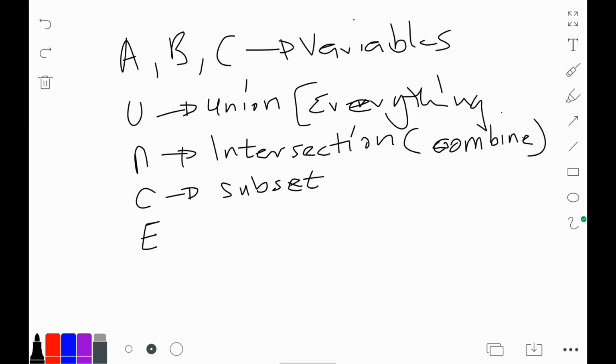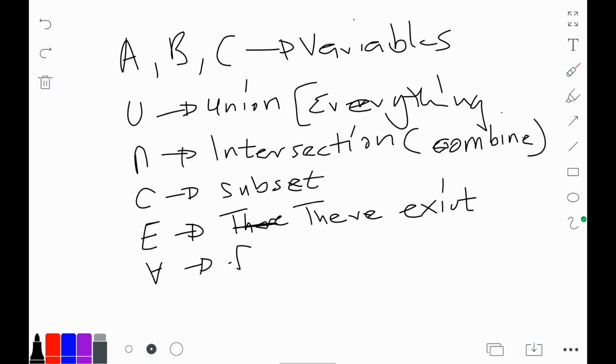We also have this. This means they exist. And then we have this one, which means for all. And we also have this one. This one is the negation. Does not exist. It's the opposite of this one.